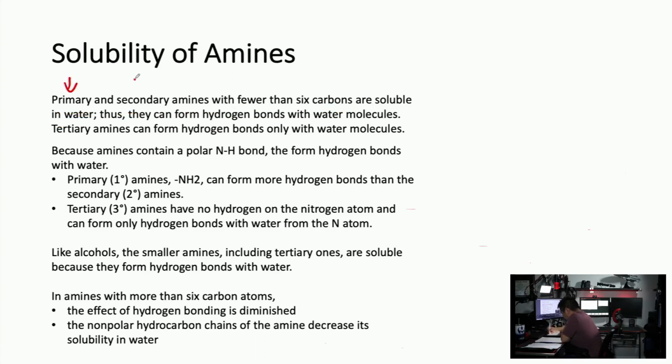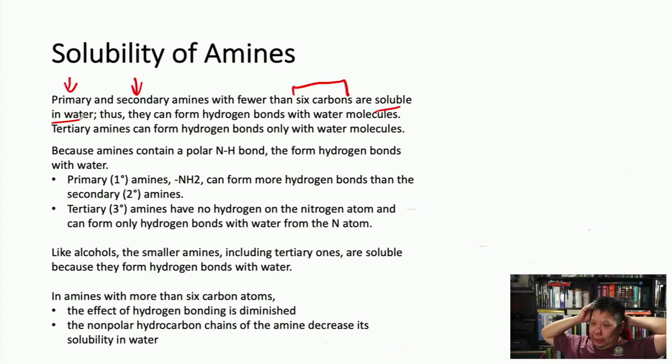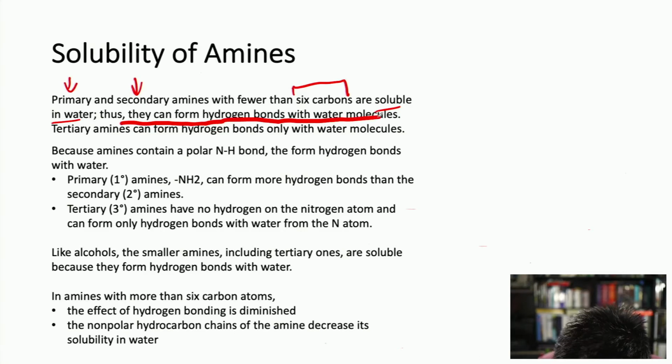Primary and secondary amines, amines that have 1 or 2 hydrogens replaced, with fewer than 6 carbons are soluble in water. And it's just like all the other rules when it comes to solubility in hydrocarbons. The more hydrocarbons there are, the more nonpolar it gets, and the more nonpolar it gets, the more likely it won't be as soluble. Thus, they can form hydrogen bonding with water molecules.